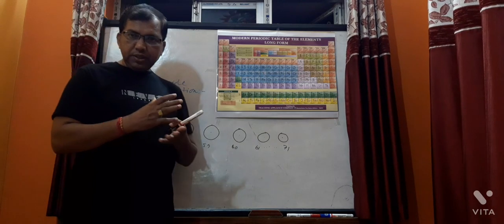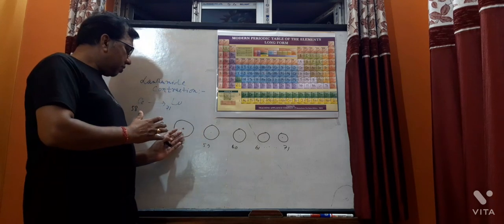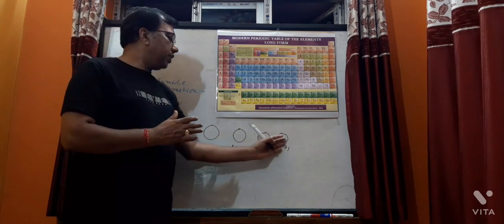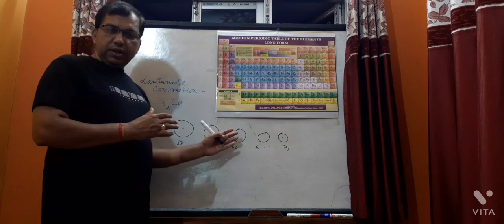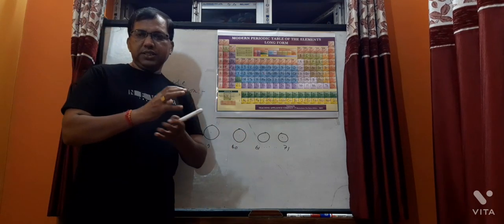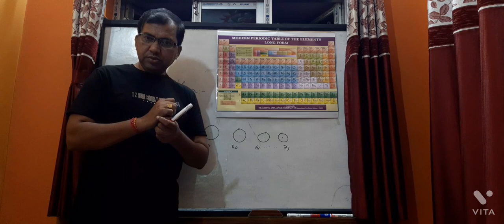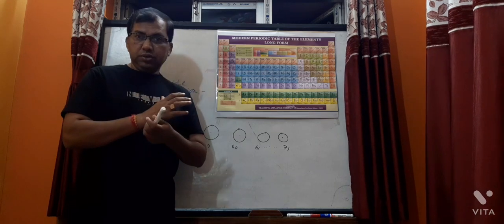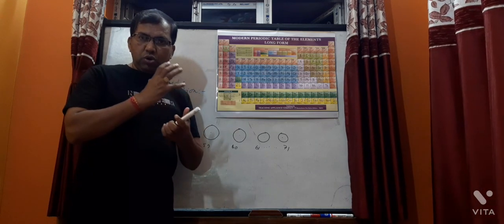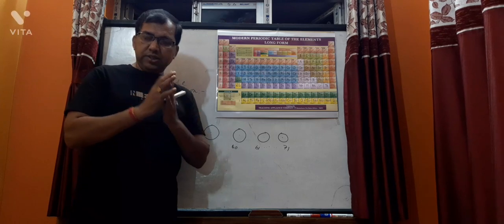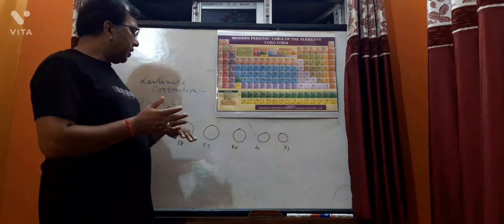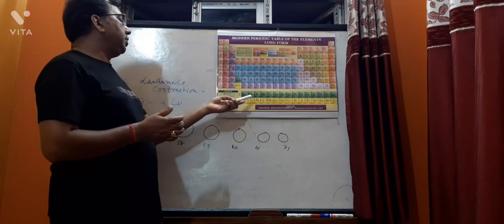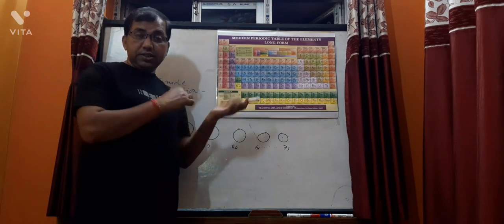This contraction of the atomic size is known as the lanthanide contraction, lanthanide संकोचन. What is the cause of the lanthanide contraction? The electronic configuration of these elements I have just discussed earlier.